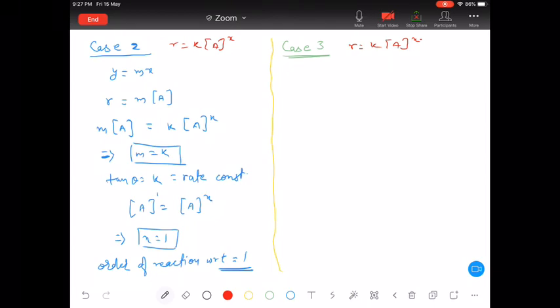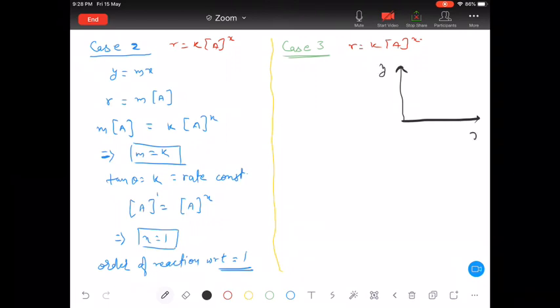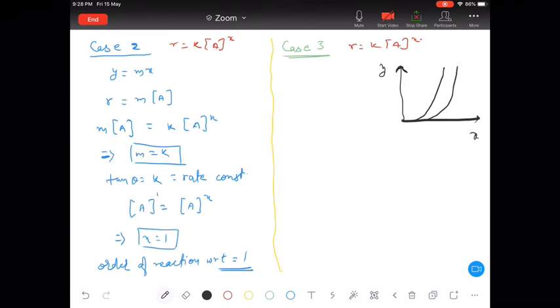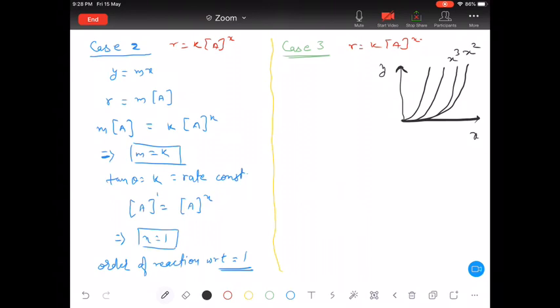Now for such kind of curve, I have to explain some mathematical expression also to you guys. Let's say y, here x. You remember the equation of parabola. I write in this manner: let's say this is x square, this is x cube.